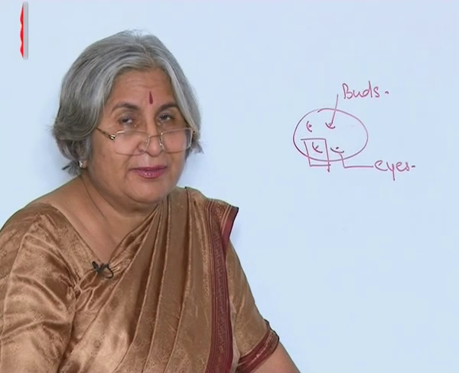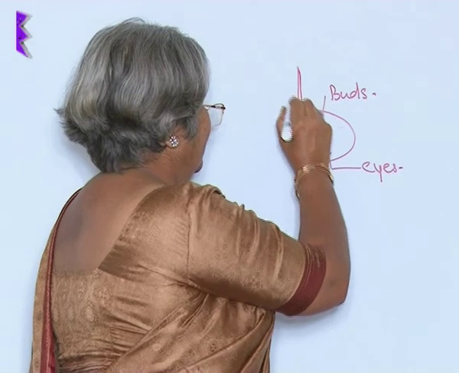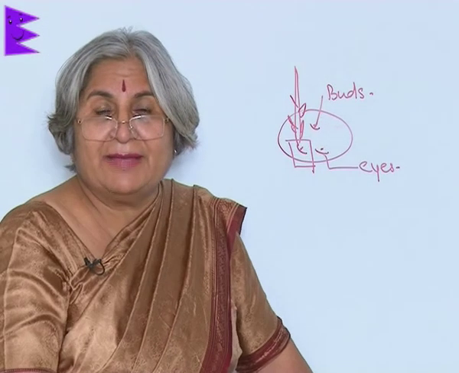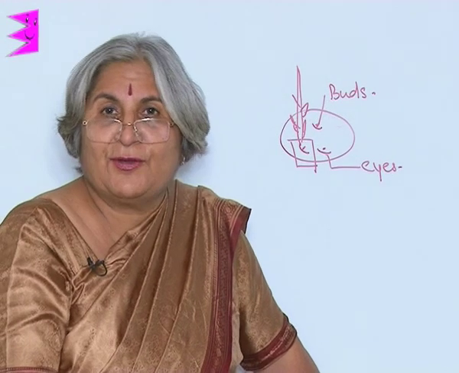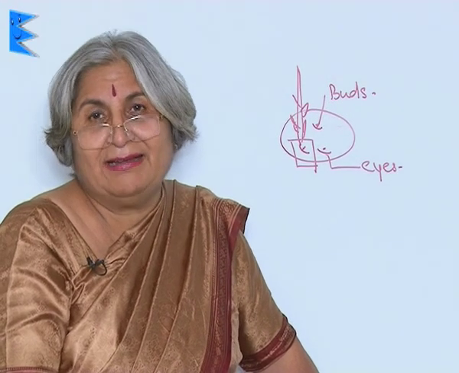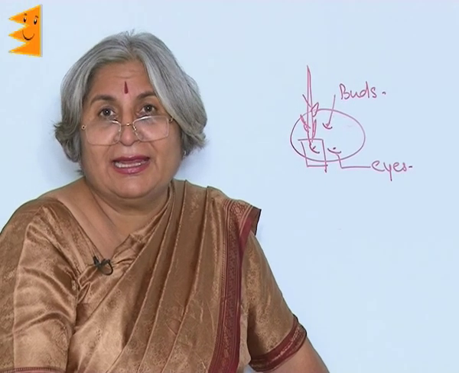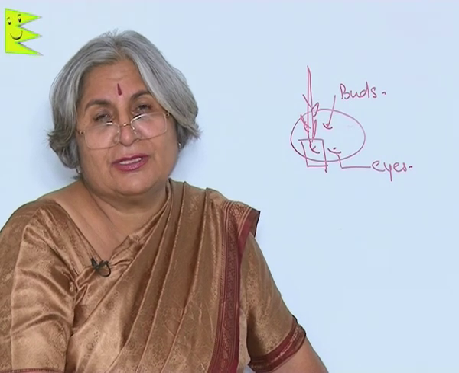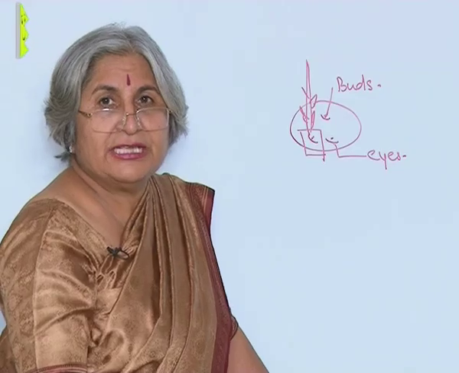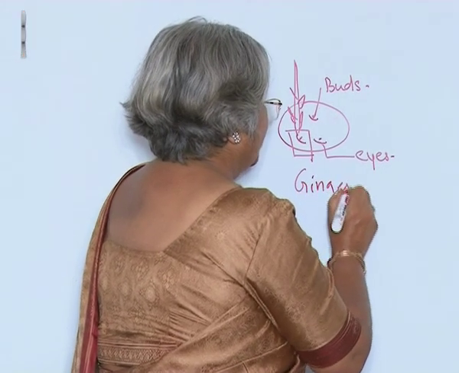See what will happen? A plant will grow out of this. In fact, sometimes when potatoes are lying in the kitchen for many days, they start growing. The buds under favorable conditions grow into new plants, or we can say in a way they sprout. So, this is how potatoes reproduce. Ginger and turmeric also reproduce by the same method.